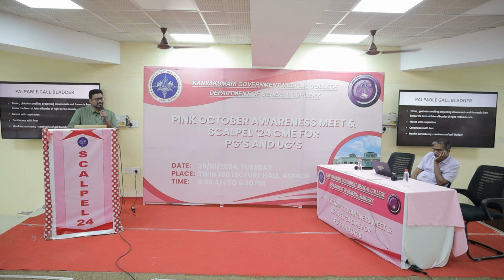Will it move with respiration? Yes. Why? Because the liver moves with respiration and the gallbladder is attached, so it moves with respiration, and it will be continuous with the liver dullness. If it is a case of carcinoma gallbladder, the consistency will be hard. Otherwise, it will be a tense globular swelling.